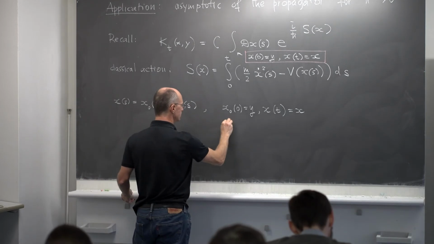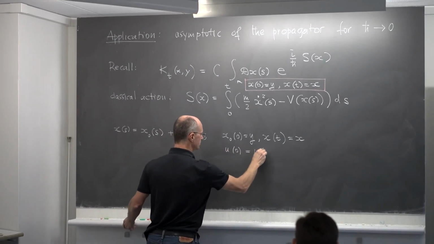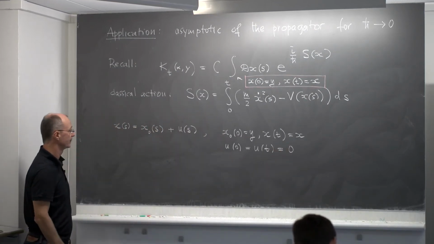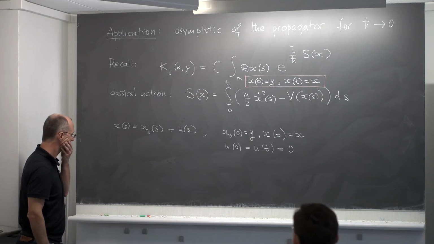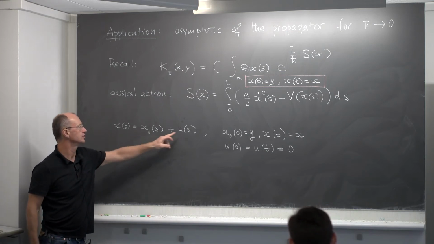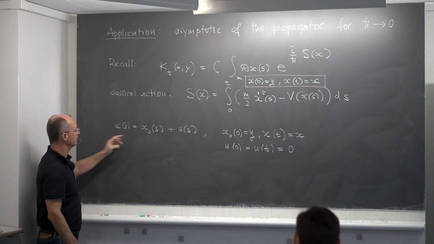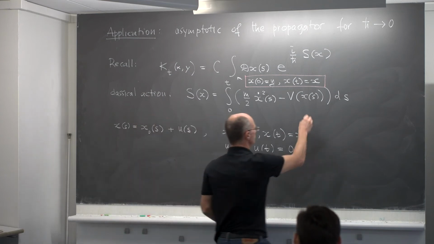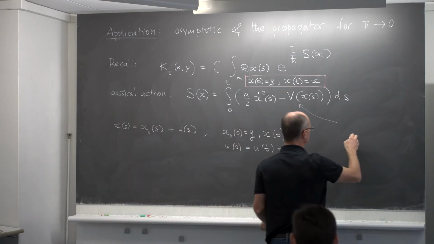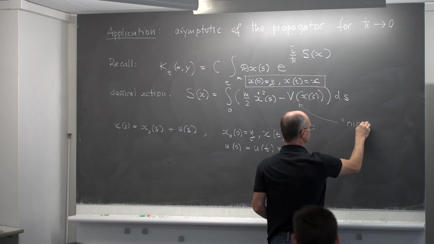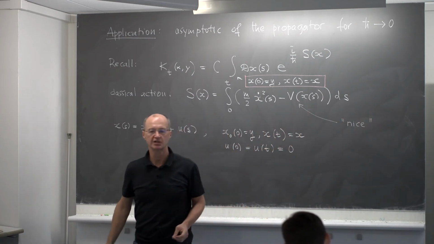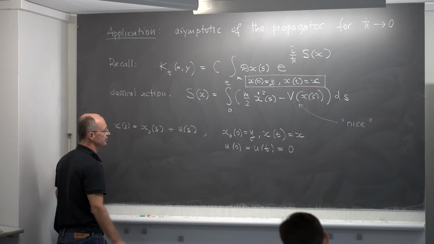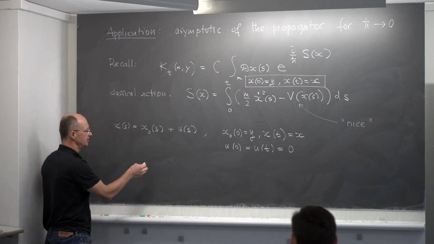And then u vanishes at the endpoints of the segment 0t. Now let's just make a substitution of this sum into the expression for the action. And let's assume that the potential V is nice, for instance, real analytic, and we can use the Taylor expansion for that potential. Let's assume that the Taylor series simply converges. It doesn't matter so much.